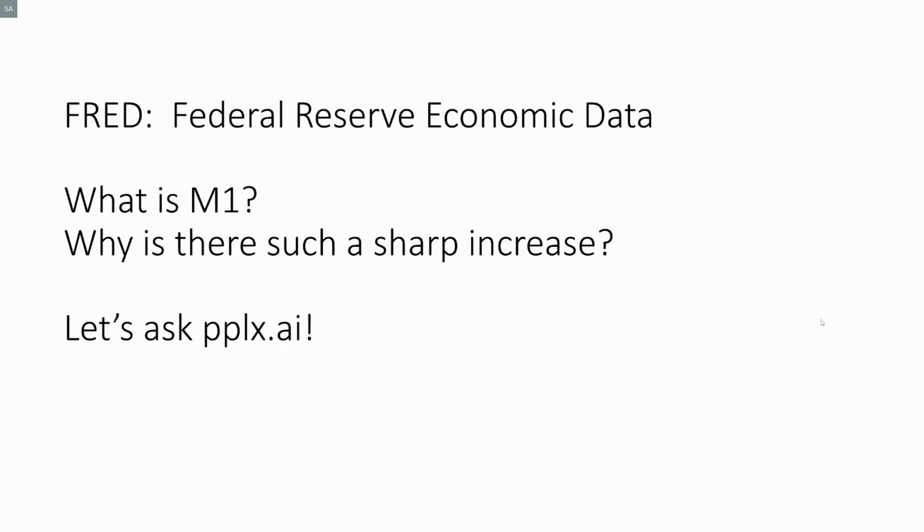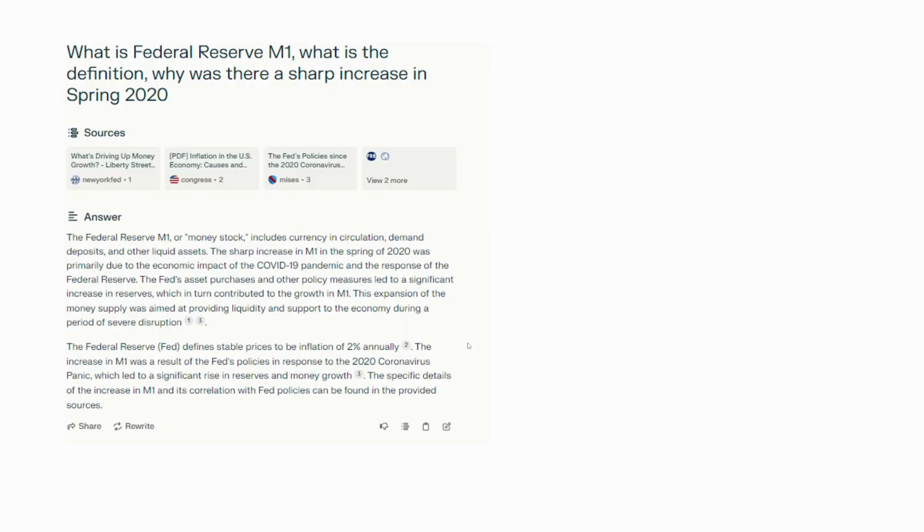And so whenever we want a factual answer to a question, a good resource to go to is perplexity.ai. And so we'll ask those two exact questions. And so we find out that the Federal Reserve M1 is the money stock and it includes currency in circulation.